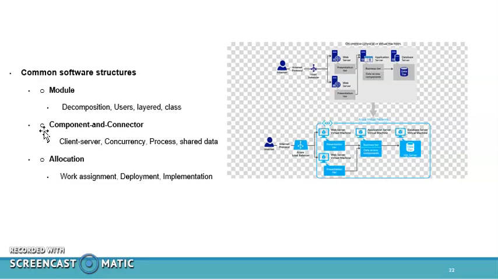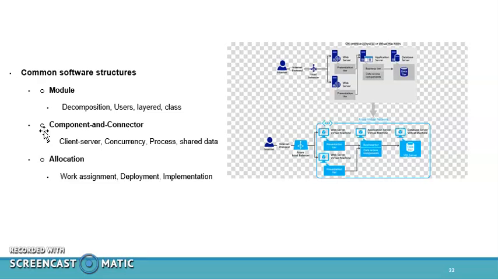So whenever in a specific time two or more tasks are accomplished in parallel, that is called concurrency. So concurrency problems or concurrency scenarios are also part of component and connector structures. Database is an example of component and connector structures as well, as I have discussed earlier.